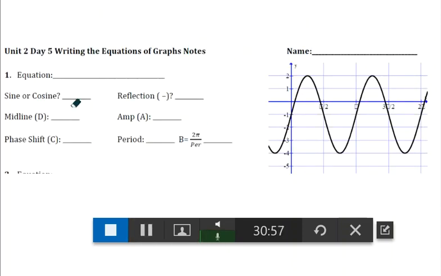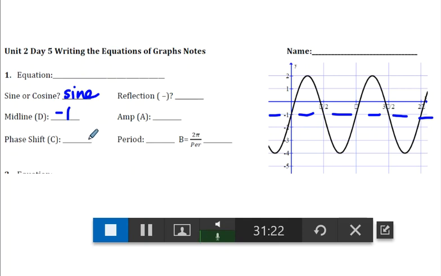So, did you guys pick sine or cosine? You guys picked sine, okay. And where did you put your midline? Did you all pick -1 for the midline? Okay. All right, this time somebody other than Jack.